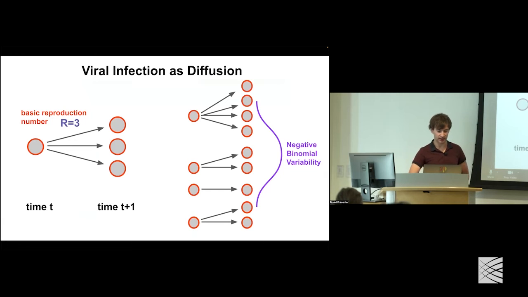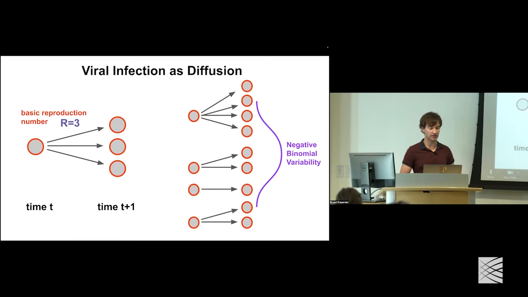Okay, so let me quickly describe at a high level how this diffusion-based approach works. The basic modeling assumption we're going to make is that individuals are infected at a given time step, and individuals cause other people to be infected in the next time step. That infection process will be governed by some distribution, in this case a negative binomial distribution, right? So there's an inherent level of noise.